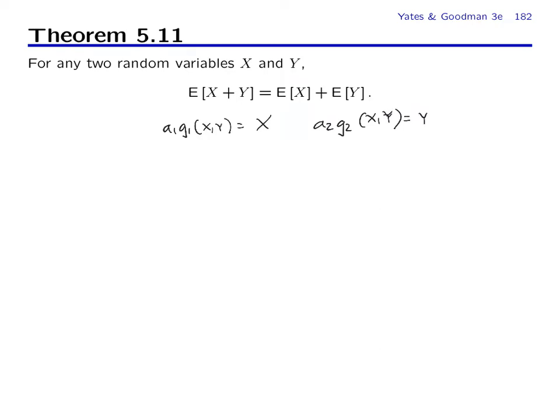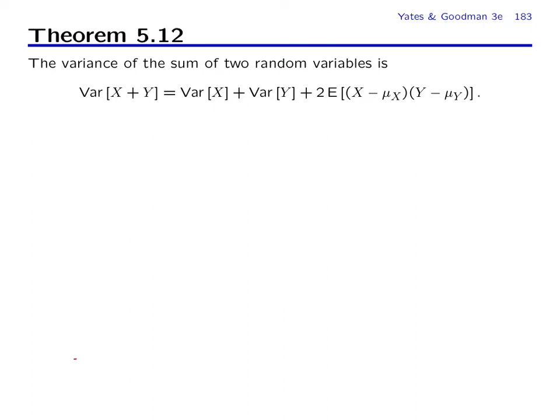And the theorem says that the expected value of x plus y is the expected value of x plus the expected value of y. And this is true for all random variables x and y, that the expected value of the sum is the sum of the expected values.